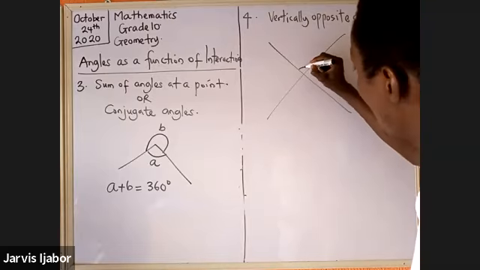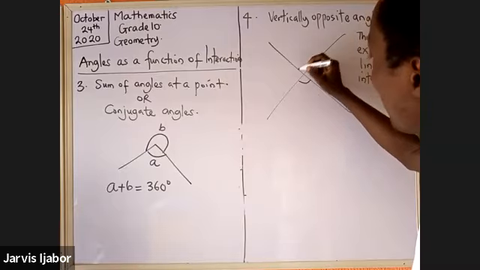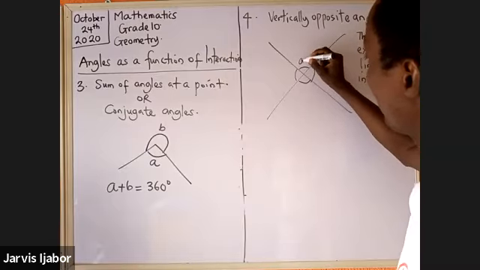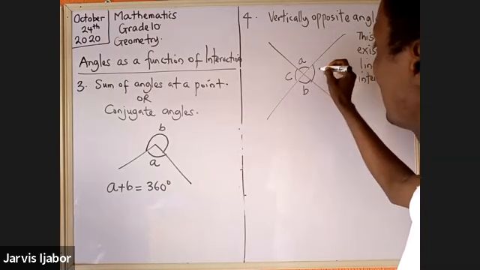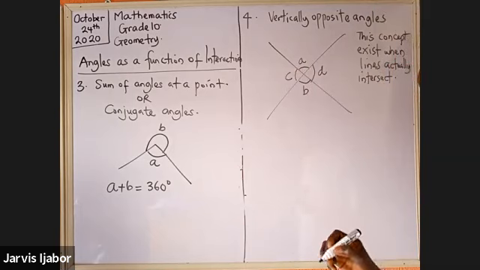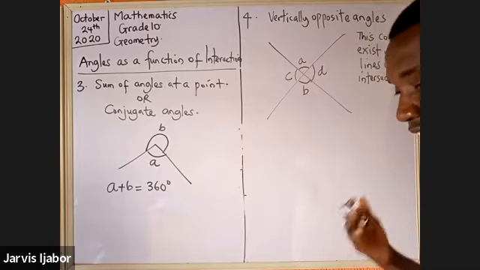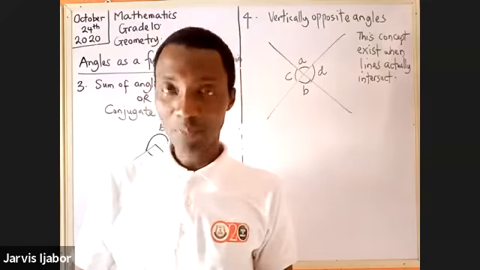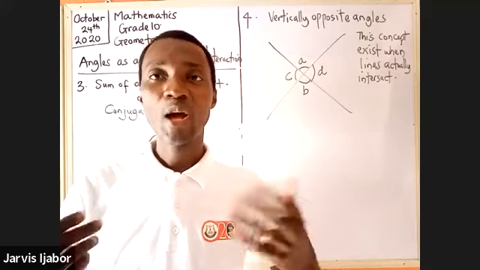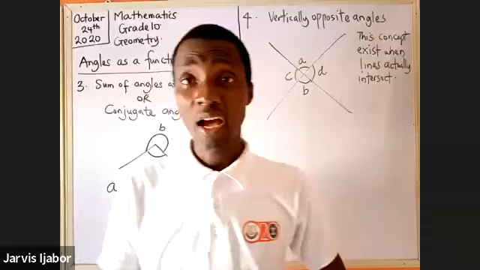Now look at it. A, B, C, D. So what do you have? So what angles are vertically opposite angles? Now let's come back to Nigeria. Sometimes we have things in Nigeria that can help us explain some of these things.